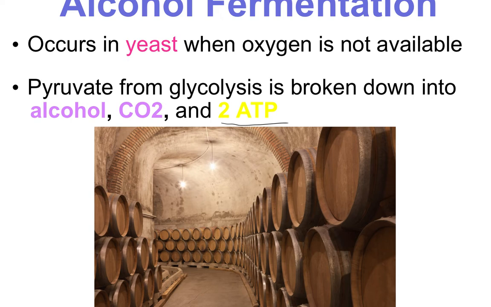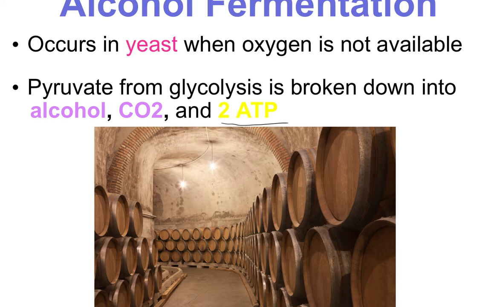We go through alcohol fermentation, where all plant material, when you mix it with yeast, you let it sit there, and if you keep it out of the presence of oxygen, you get the sugars inside of the plant material, whether it be grapes for wine, or hops and barley for beer.